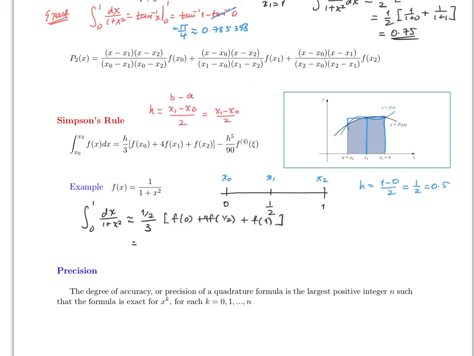And this equals 1/6 times 1 plus 4 times 1 over 1 plus 1/4, because 1/2 squared is 1/4, and this will be 1 over 1 plus 1, and when you simplify everything, this is 0.7833, which you can see is closer to the exact solution than the 0.75.